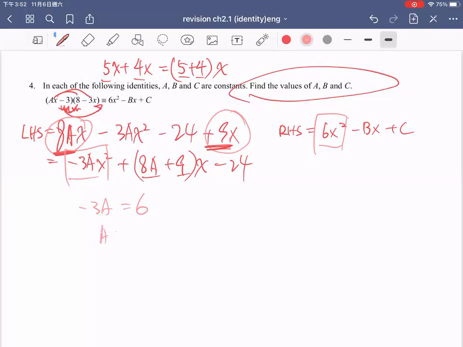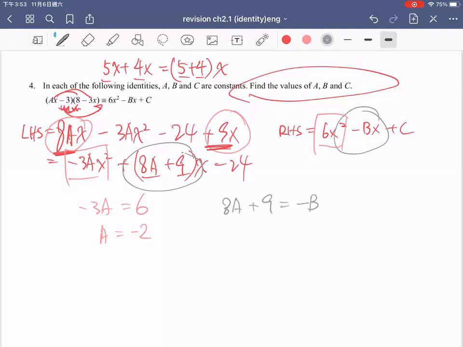So we have negative 3a is 6. So that gives you a is 6 divided by negative 3. That is negative 2. Remember the negative sign, okay? And on the right side, the x term here, the x term here. So we have a plus 9 is negative b, right?